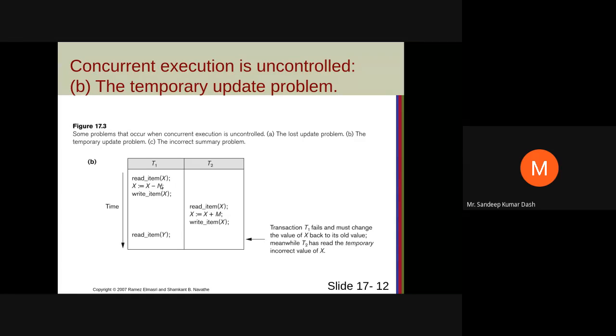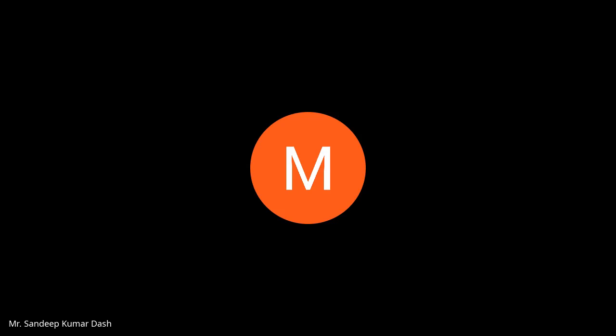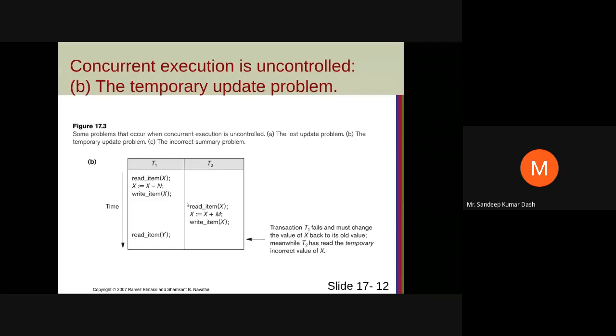Suppose x is 50, it deducts 5, so 45 is in the database, and that's fine. Then you are reading the data item x, that means this will read 45, that's fine. It updates it to 55, you write it back to x, that is also fine. Then you are reading data item y. At this point of time, suppose something happens and transaction T1 fails.